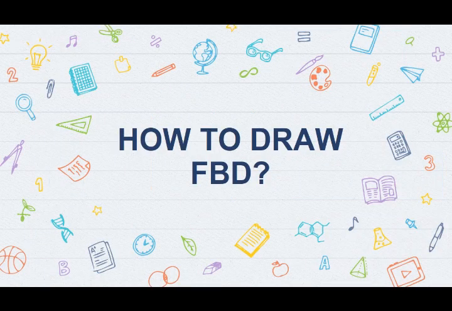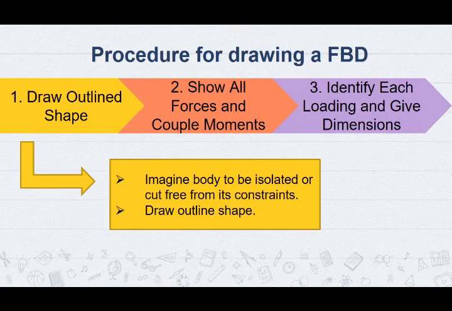So now, how to draw FBD? I will show you the steps for how we draw FBD. First of all, we look at the procedure for drawing an FBD. First, draw the outline shape.